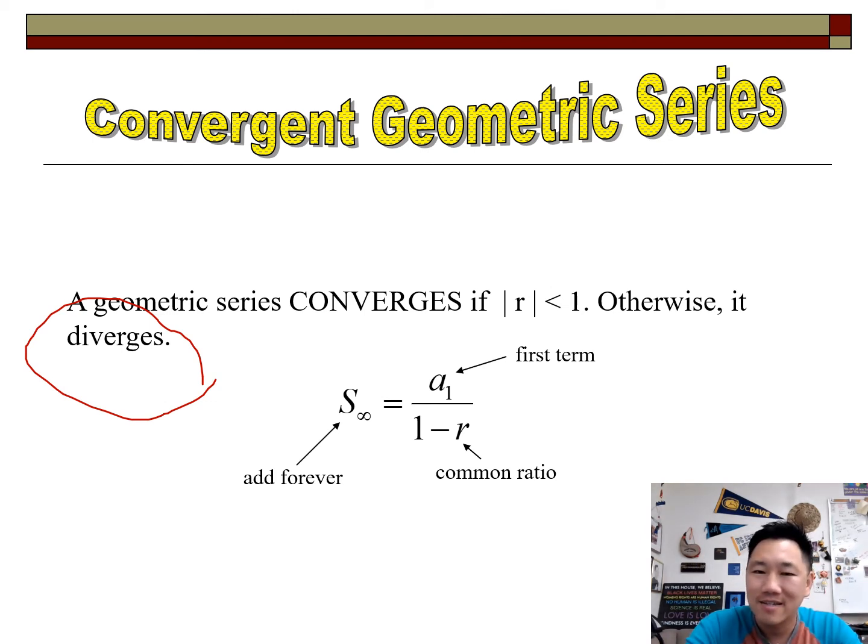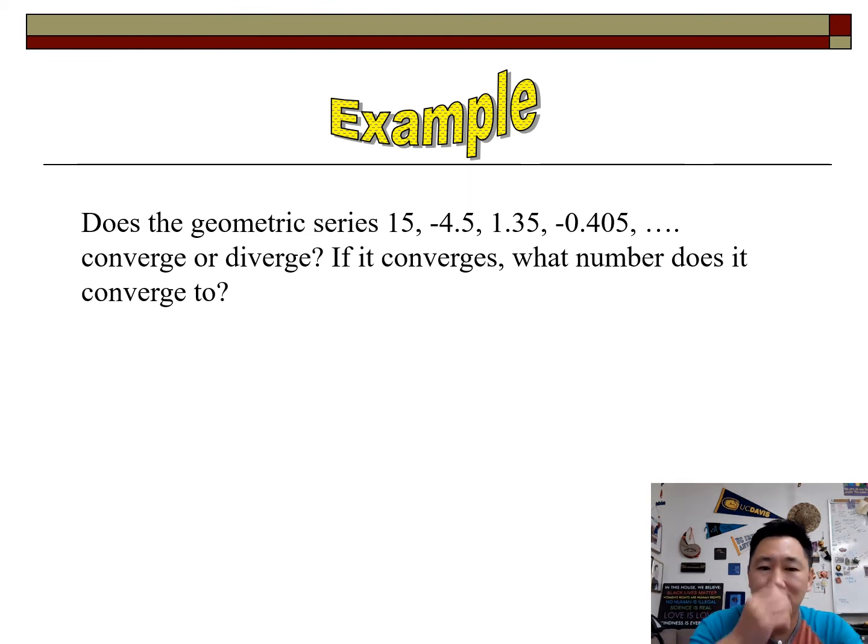All right. Let's do an example. Does this geometric series converge or diverge? If it converges, what number does it converge to? What's the door number? All right. It is a geometric series with r equals negative 0.3.